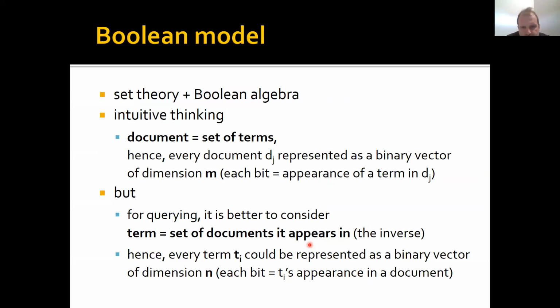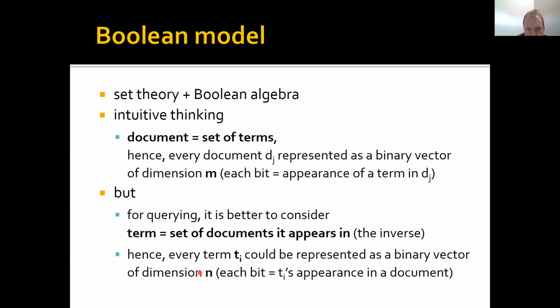Instead of representing a document and all of the terms have their own bits, we will have a term and all of the documents will have their own bit, right? So it's the inverse situation. We have a term and the associated set of documents where the term appears, and therefore we can have a binary vector for every term.